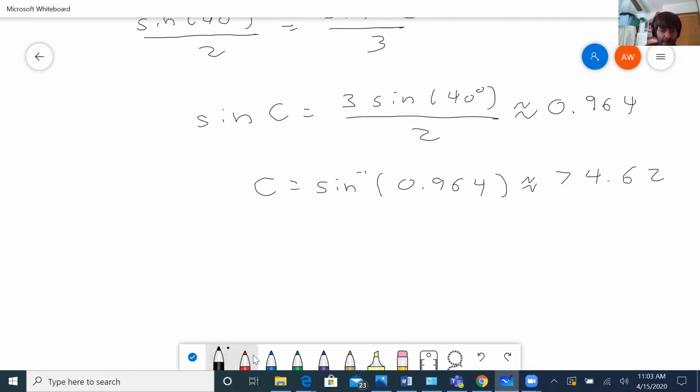Right. But remember, anytime I took the law of sines, I took the inverse sine of something, you have to consider the possibility of this obtuse angle case. 105.38.